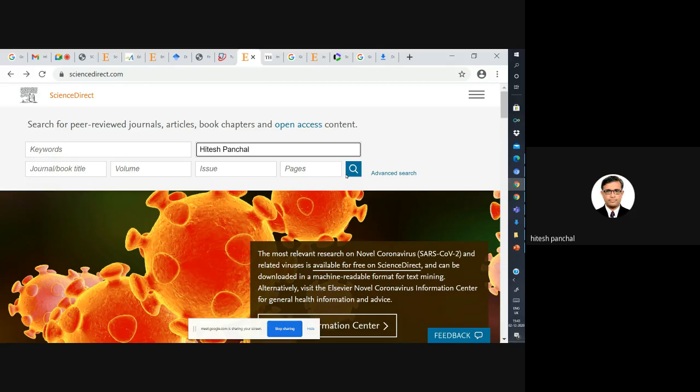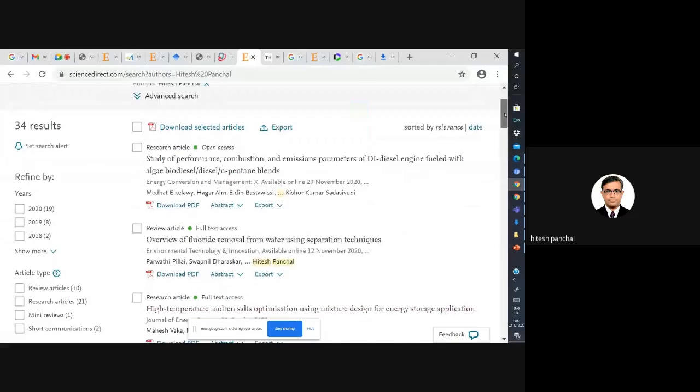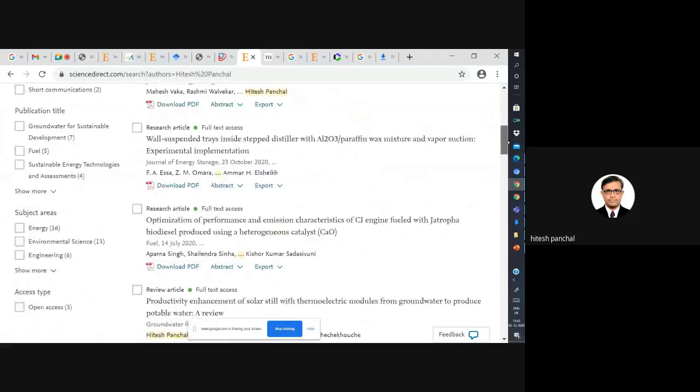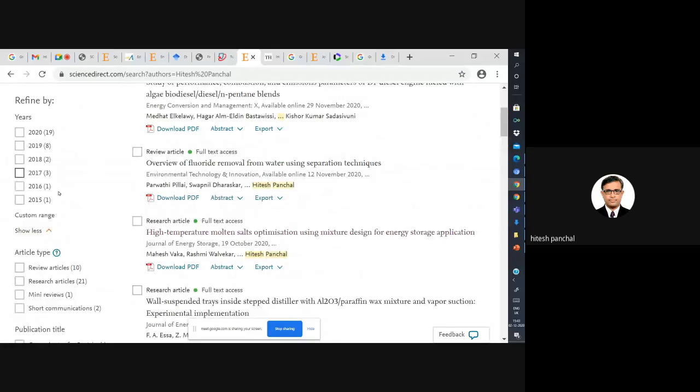You can find all my published research articles in Elsevier. You can see around 34 research articles are there. You can also see the years here. The first research article was published in 2015, up to 2020. In 2020 the highest number, 19 articles, were published.